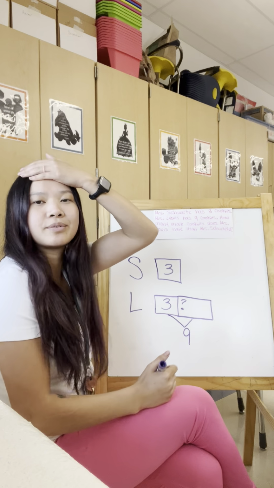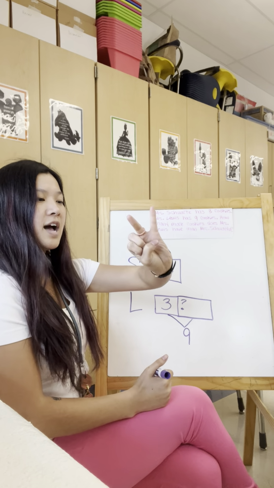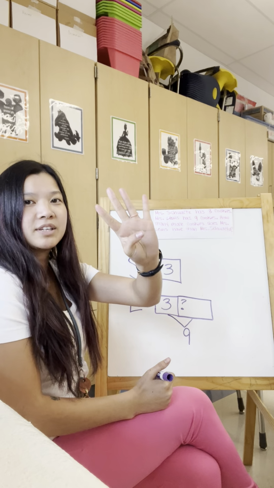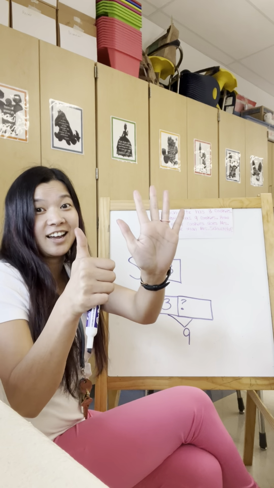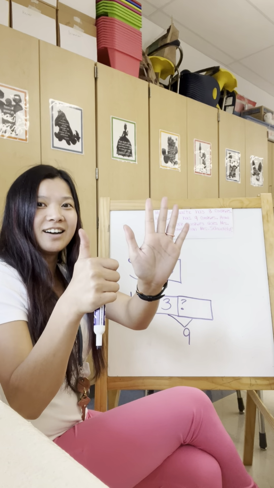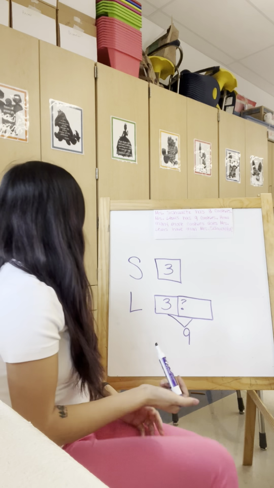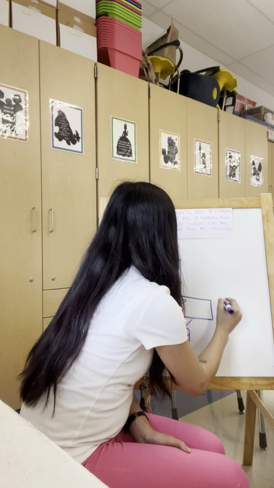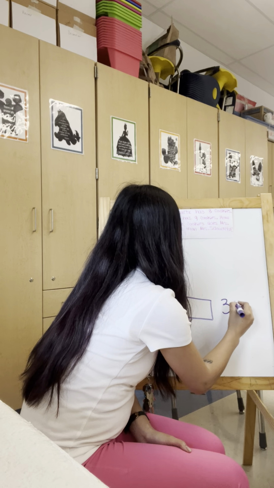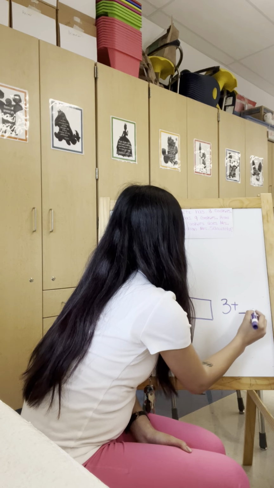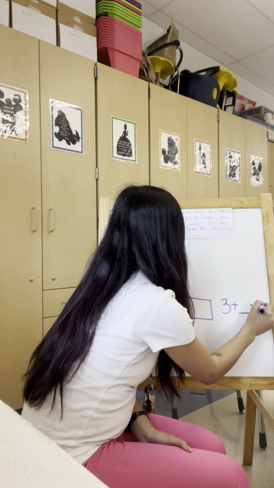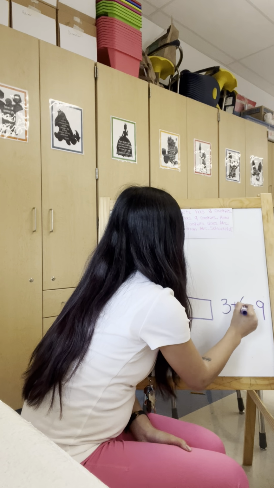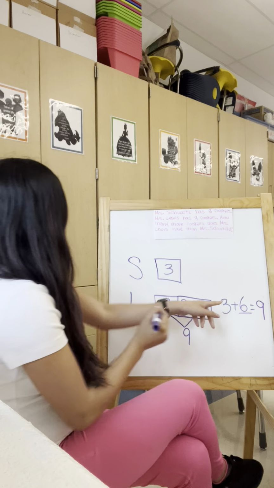And stop at 9. 3, 4, 5, 6, 7, 8, 9. I counted on 6 times. So 3 plus something equals 9. And I counted on 6 times, so I know that's my missing part.